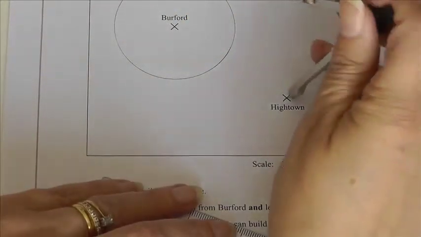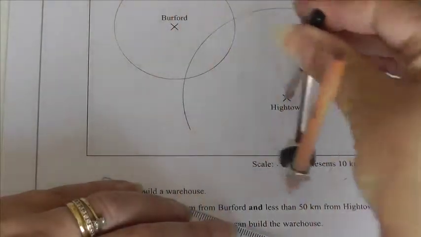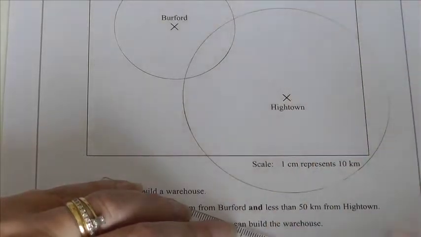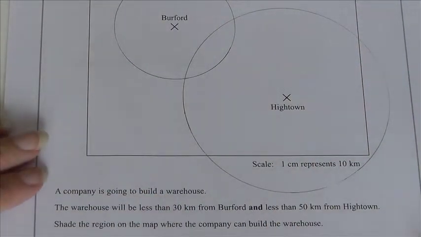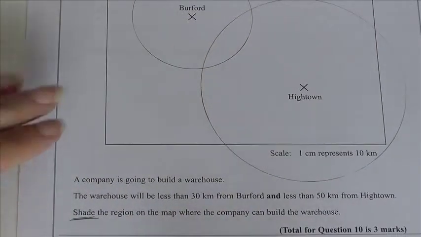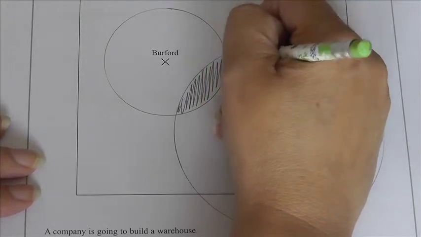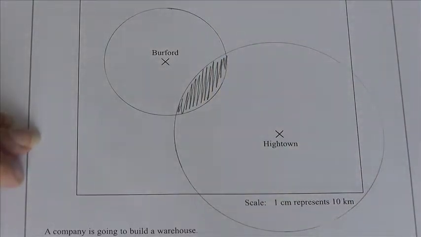Put the compass on Hightown and draw that. So it's sort of irrelevant anything on this side because you can now see that region's clearly identified. It says shade the region, so make sure you do. It doesn't have to be beautifully done, it just needs to clearly indicate the region where they can build their warehouse.